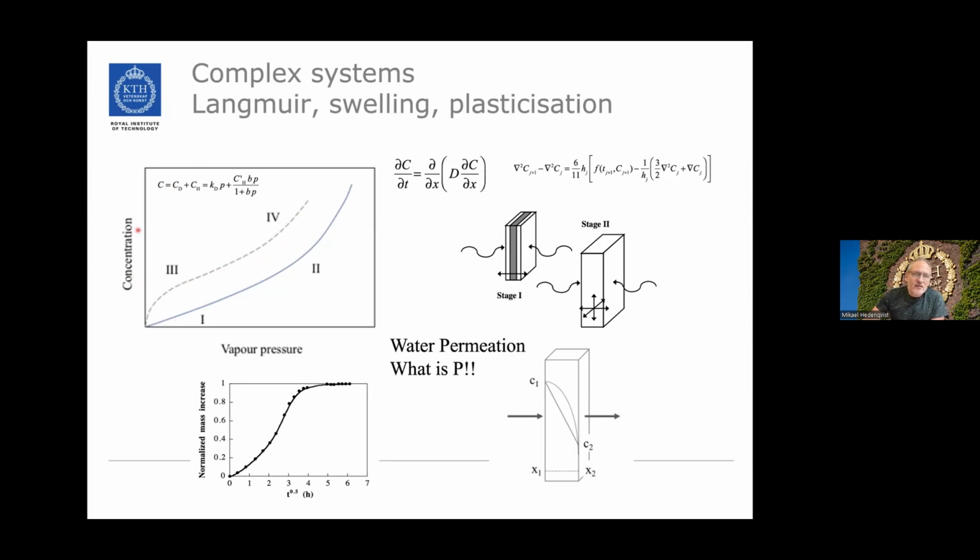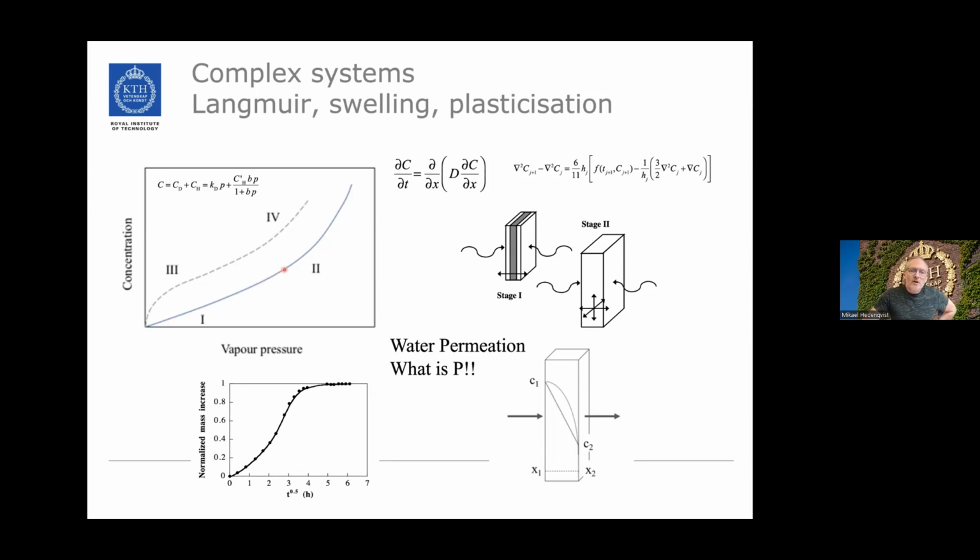And it's essentially the concentration of the foreign molecule as a function of its vapor pressure or concentration around the material. And in the simplest case, you have a straight line. This is referred to as Henry's law. So things are linear here, and you actually don't change the properties of the polymer.